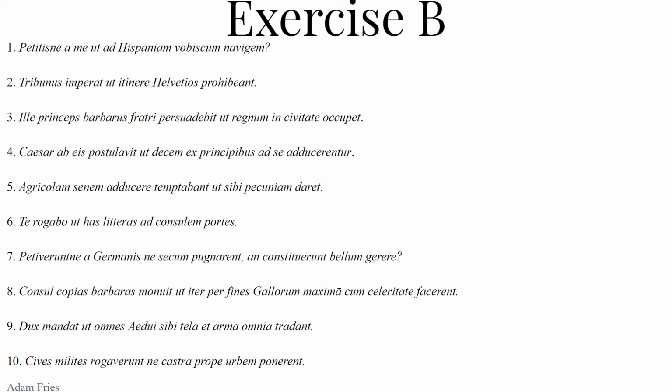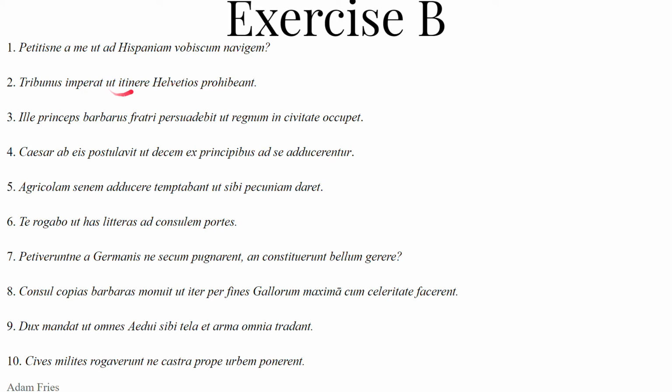Imperat, impero, imperare, imperavi, imperatus, orders or commands. Present tense, takes the dative if he were to order someone. The object is a dative because impero is an intransitive verb. Tribunus imperat, the tribune orders, commands. What does he command? What does he order? A noun clause. This is what he orders.